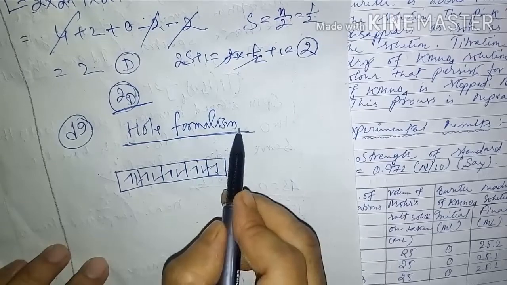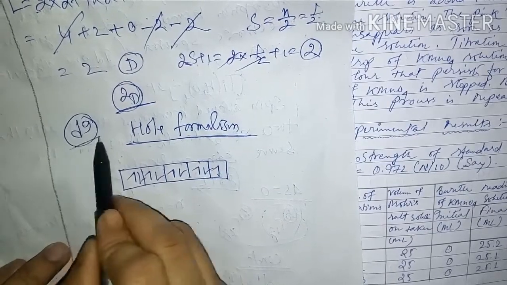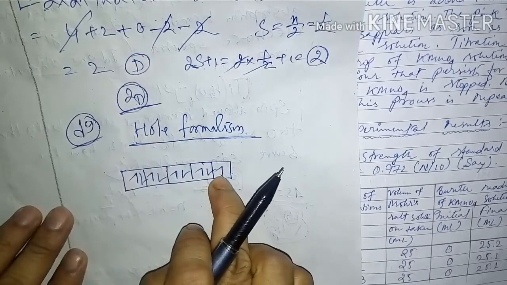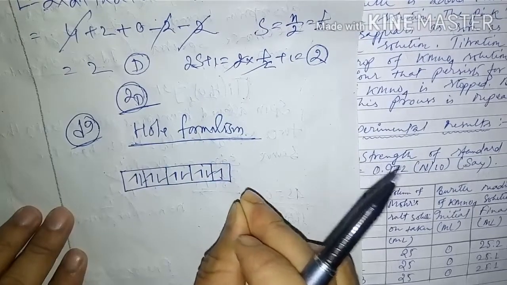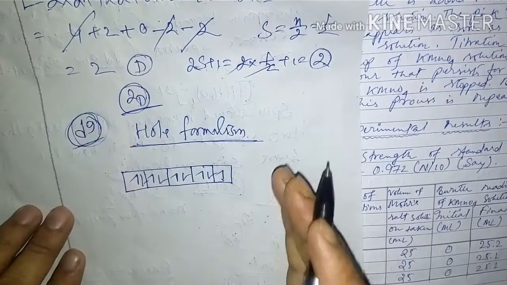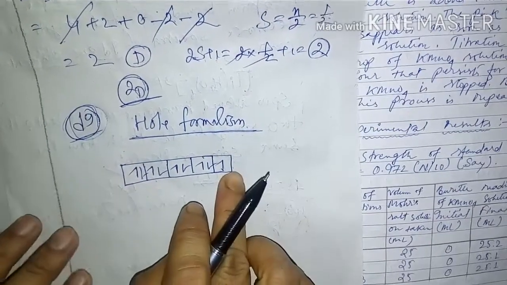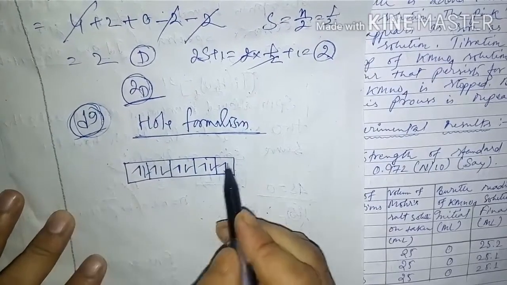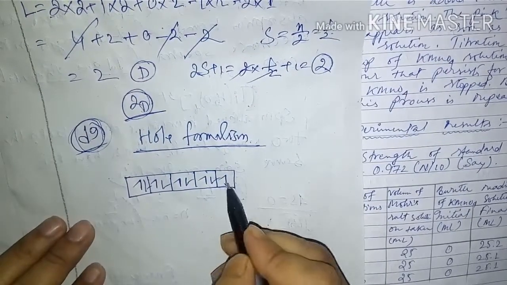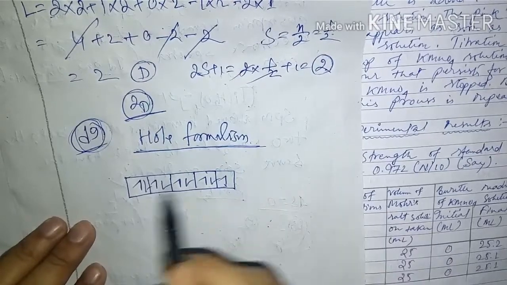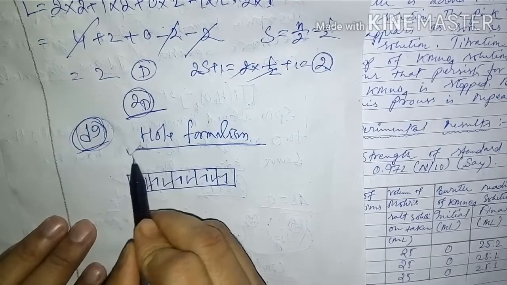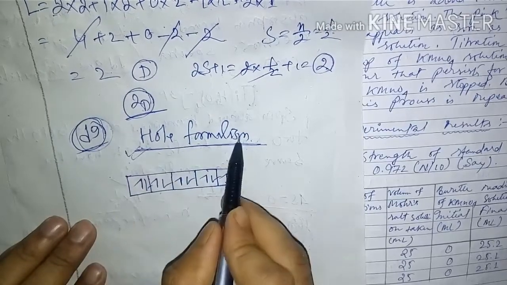This d9 can participate in the hole formalism. Why can this one participate? Because see, here it is one electron less than the filled configuration. How many electrons less from filled? 1 electron. That's why this one can participate in the hole formalism.